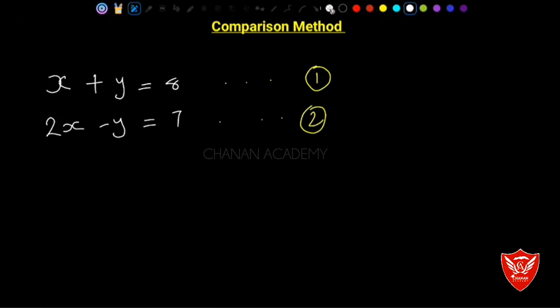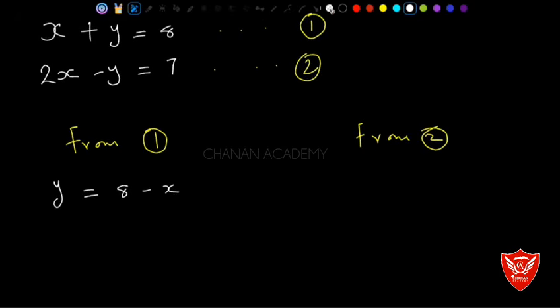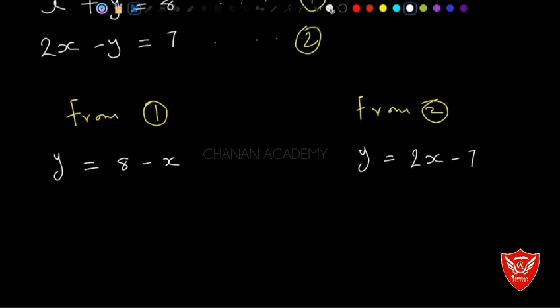If you make y the subject from equation 1, you're going to have y equal to 8 minus x. From equation 2, y is going to be equal to 2x minus 7. Now look at the first equation and the second equation.